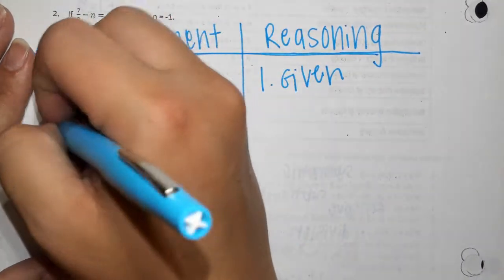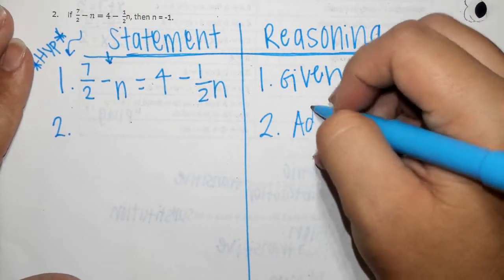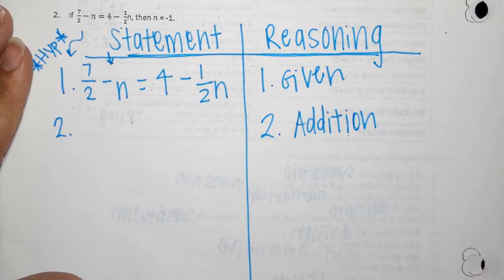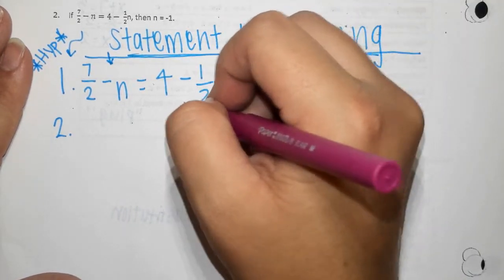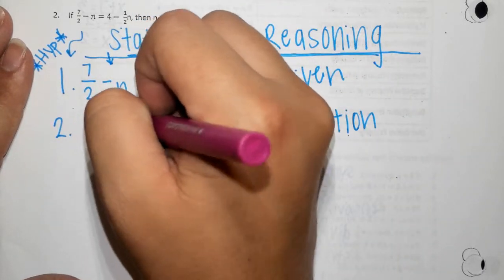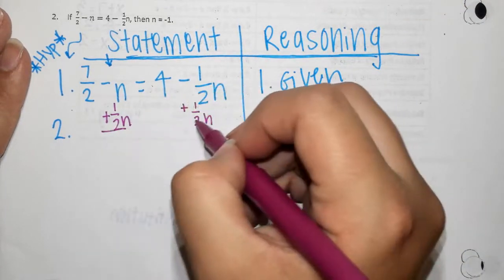So I would go ahead and add 1/2, so that's the addition property. I'm going to add 1/2 n. Could you make this into a decimal? Yeah, you can make it 0.5 if you would prefer. So 1/2, 1/2.